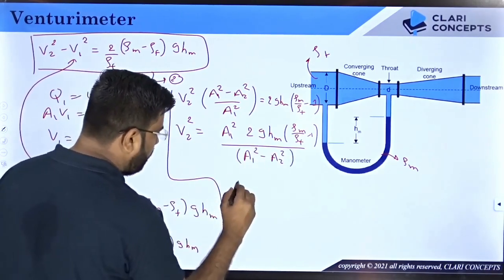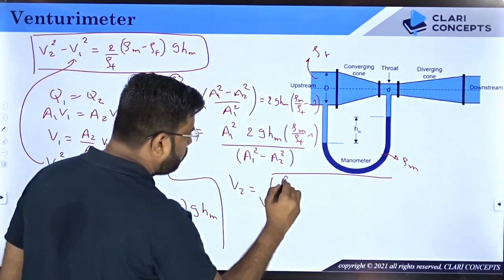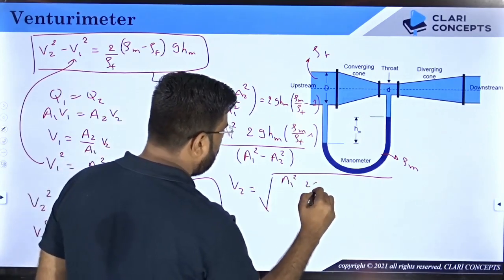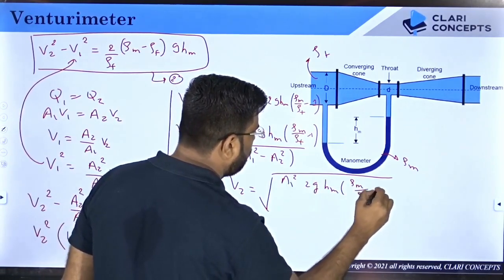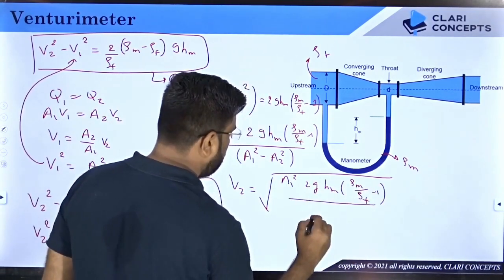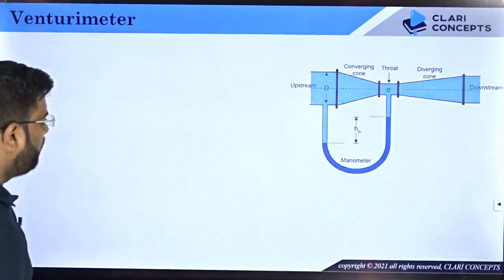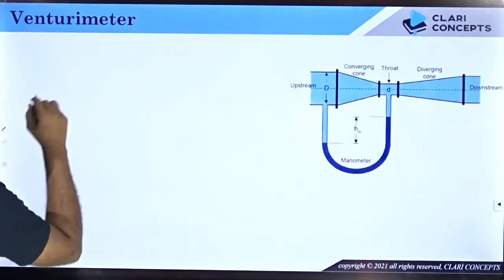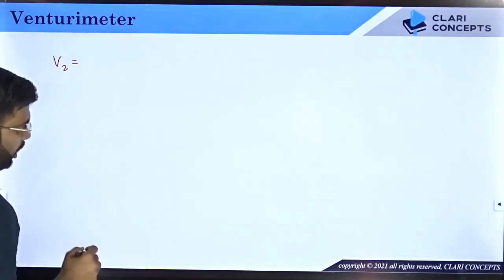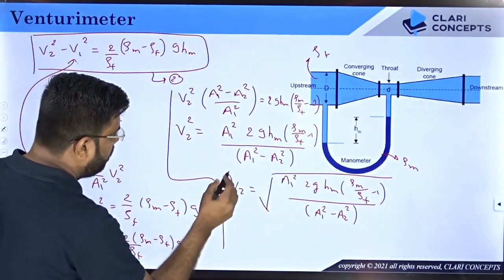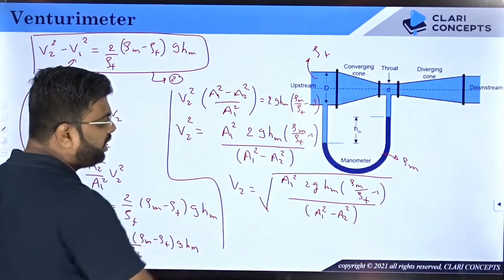Now what is V2? V2 will be equals to under root of all this, under root of A1 square 2GHM rho m by rho f minus 1 over A1 square minus A2 square, right? Let me just redistribute this equation again. So V2 will be equals to, under root of A1 square, you can take A1 outside, under root of A1 square is just A1, right?